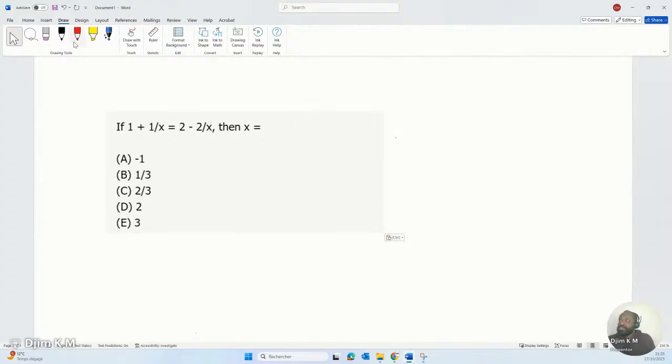So let's solve this one. If 1 plus 1 over x is equal to 2 minus 2 over x, let's find the value of x.